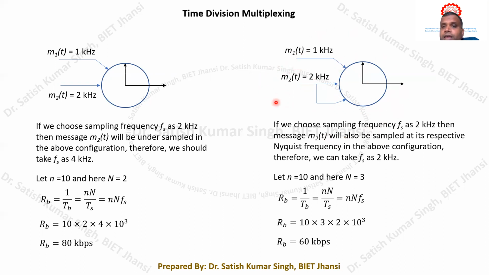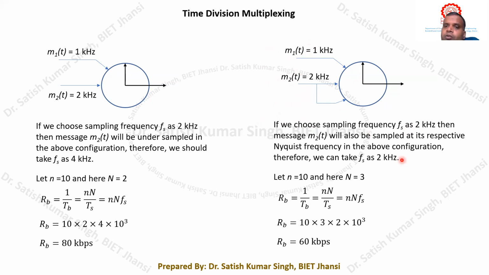So if we take Fs equal to 2 kilohertz, M1(t) is sampled at its respective Nyquist frequency, and M2(t) is also sampled at its Nyquist frequency. Therefore the sampling frequency in this particular configuration is 2 kilohertz.